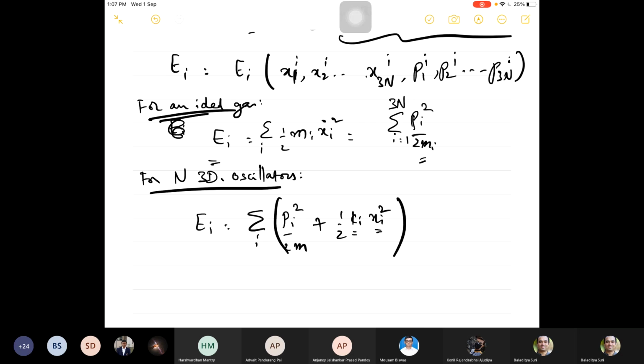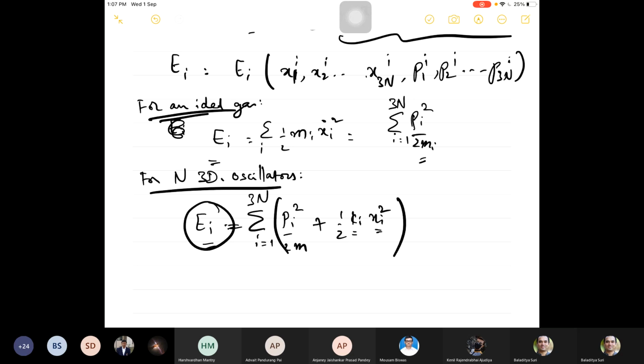So the energy of a collection of n oscillators, each oscillating in 3 dimensions, would be something like this, where i goes from 1 to 3n. So in general, for any system, the energy of a state AI is a function of its coordinates and momenta.